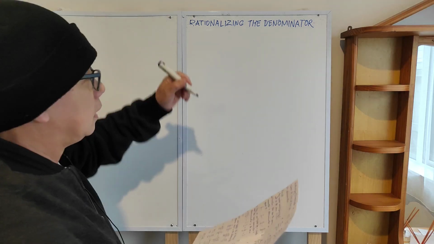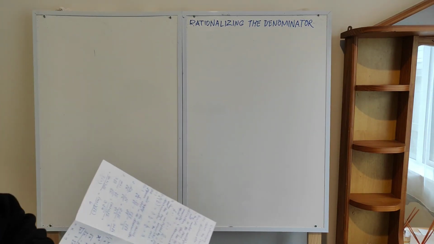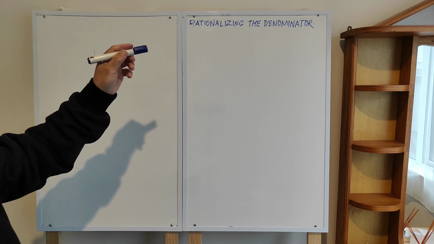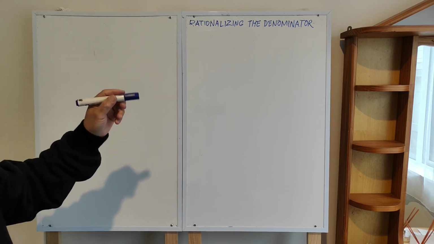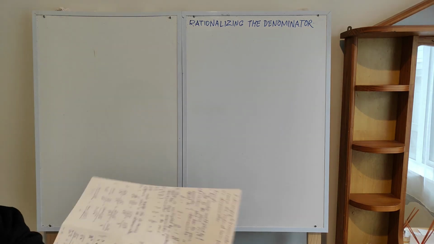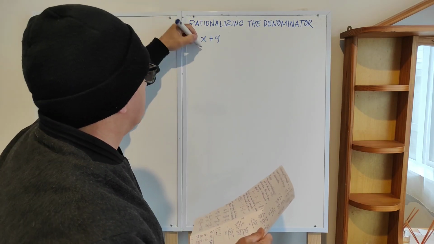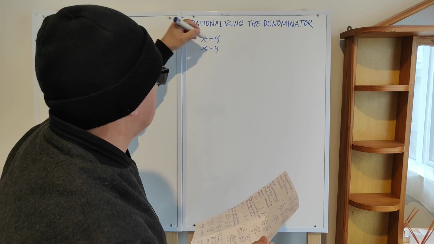Before we proceed to the next example, I'd just like to introduce to you conjugates. Conjugates are a pair of binomials that have the same numbers, but opposite operations. One will be addition, the other is subtraction. For example, x plus y, and the other is x minus y.